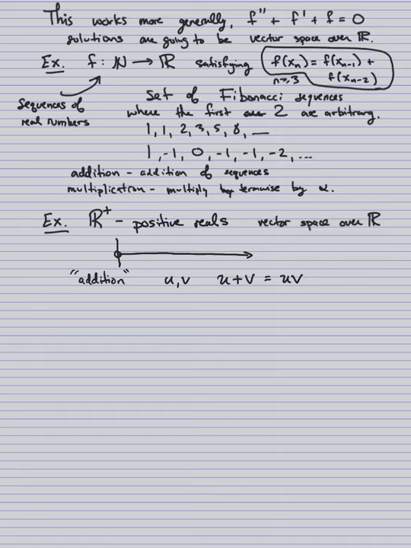Then how do you scalar multiply? So I'm taking alpha u. I define it so that if I take a positive real number and multiply it by a real number alpha, I take u to the alpha.